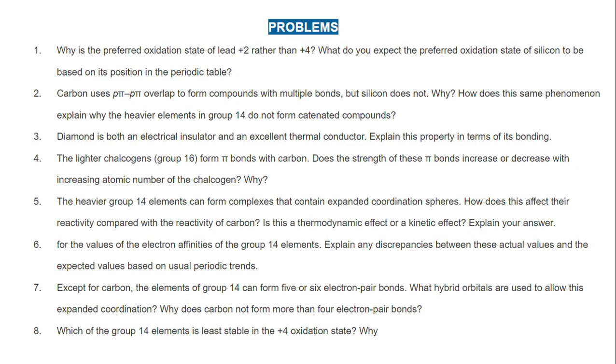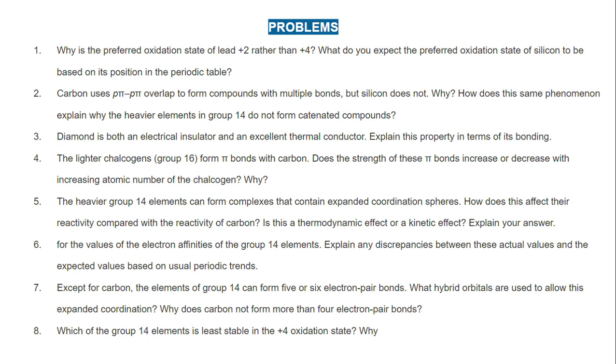Now the last page is for problems based on the various forms of compounds and the elements of group 14, that is the carbon group.